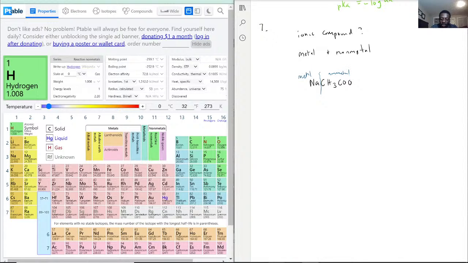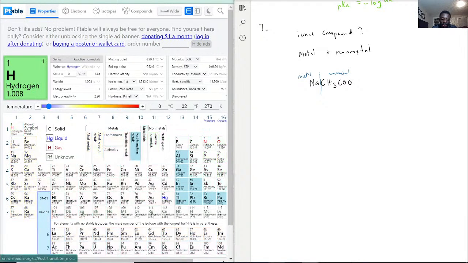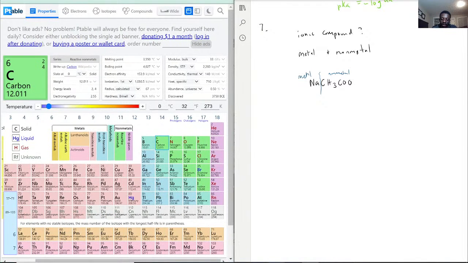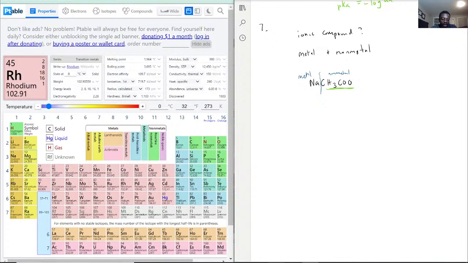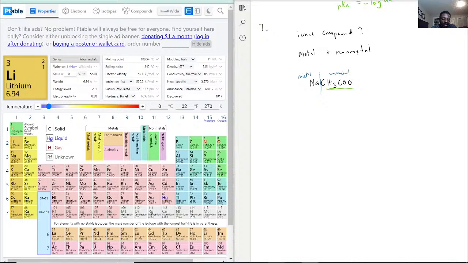If you go through CH3COO, hydrogen is a non-metal, carbon is also a non-metal, and oxygen is non-metal. So everything here is non-metal, and then on the metal side, all we have is sodium.